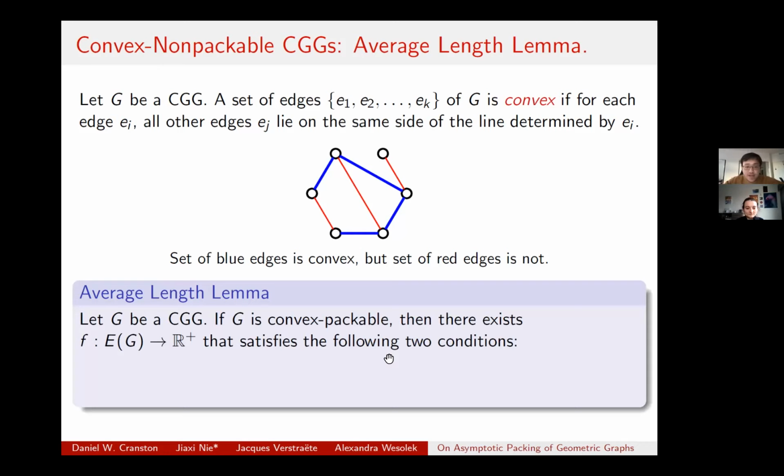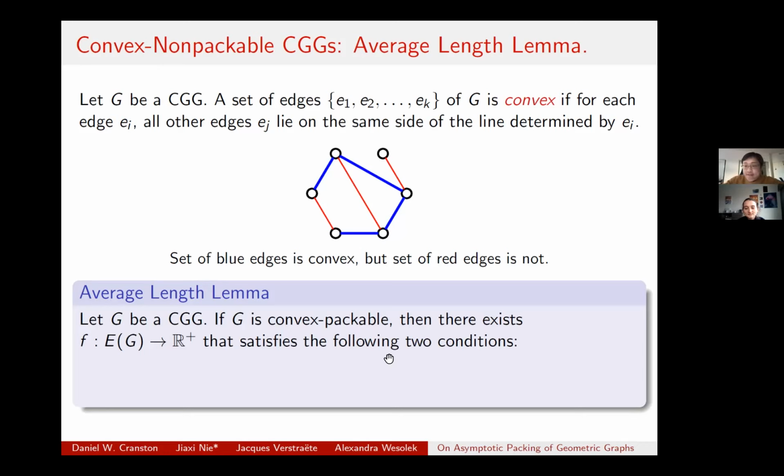Let G be a CGG, and if G is convex packable, then there must exist some function f that maps each edge to some number that satisfies the following conditions.